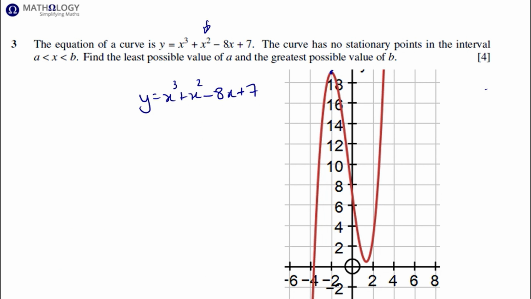So at minus 2, we're going to have that stationary point up here. And at 4/3, we have a stationary point. So we can clearly see in the interval between minus 2 and 4/3, we don't have any stationary points.